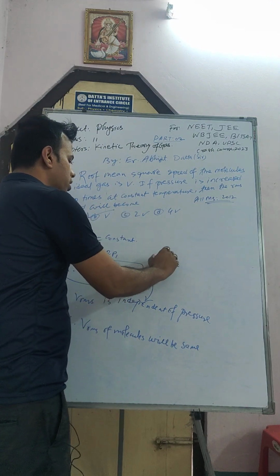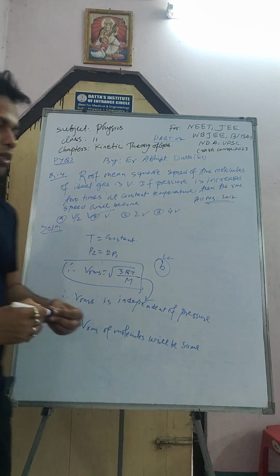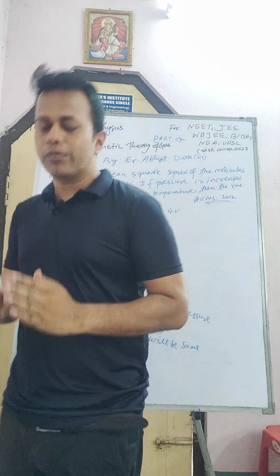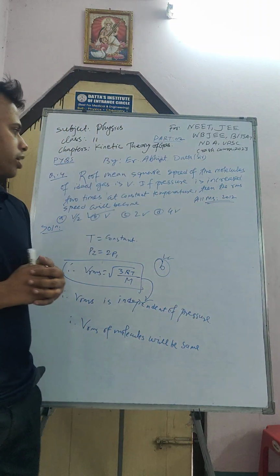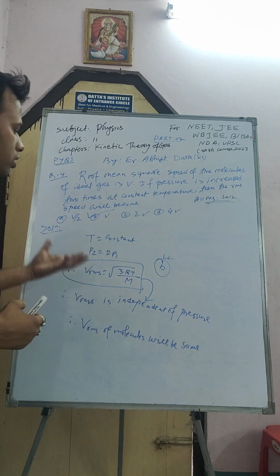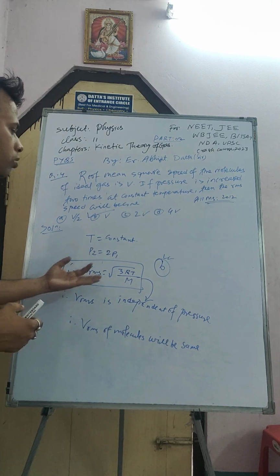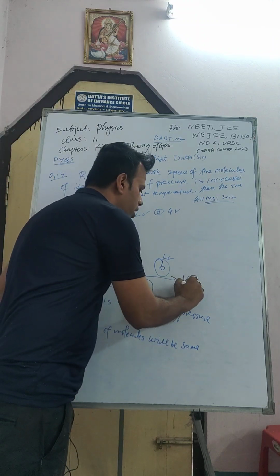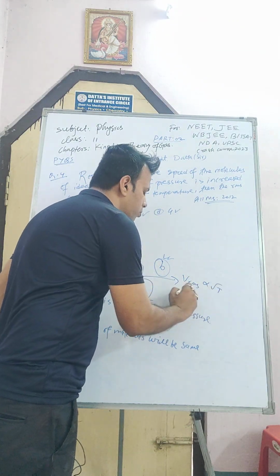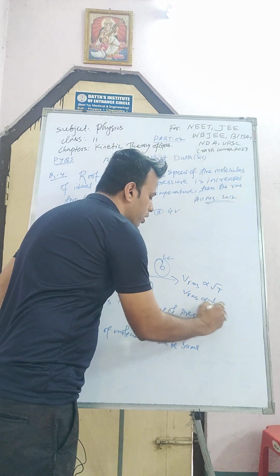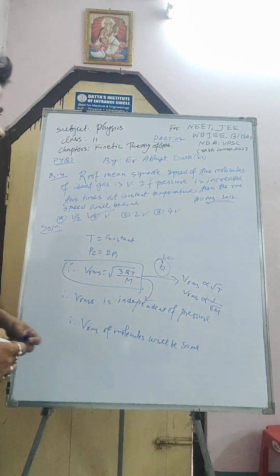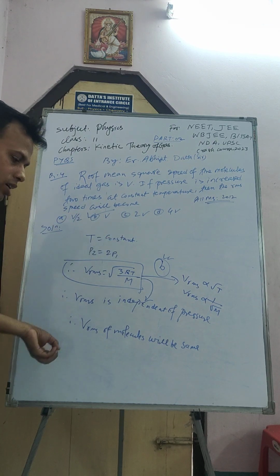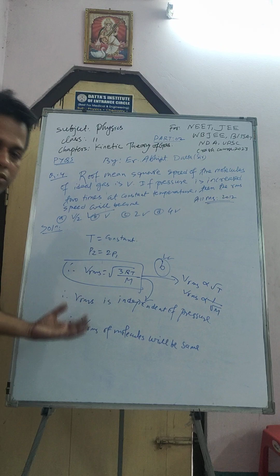That means if you increase the pressure 2 times, 3 times or 4 times, it does not affect the RMS speed of the molecules of the gas. Since Vrms is root over of 3RT by M, Vrms is proportional to root over T and inversely proportional to root over M. Sometimes they ask this type of question where no calculation is needed.